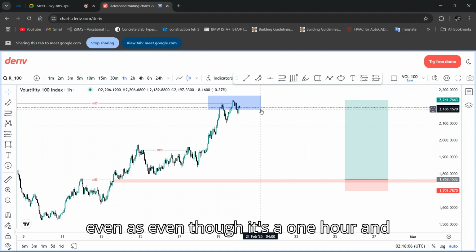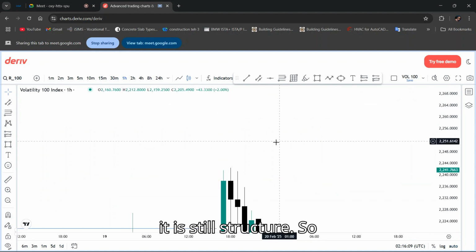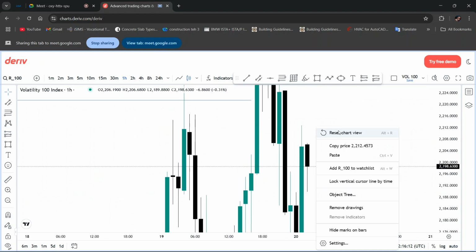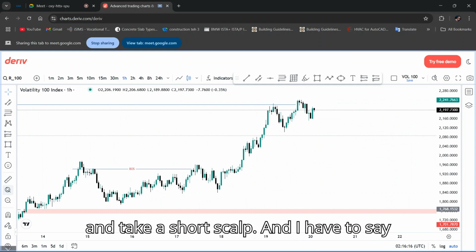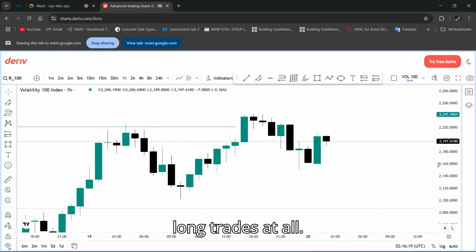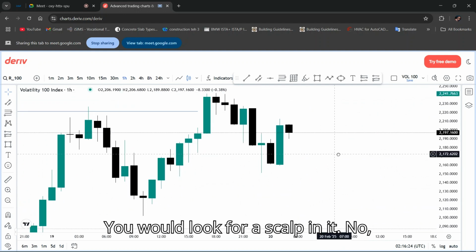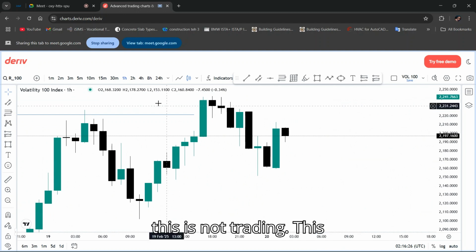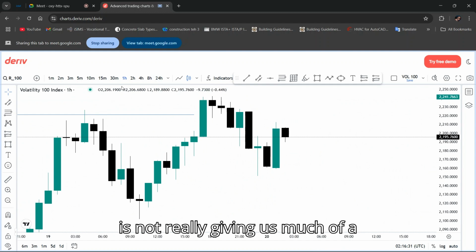So even though it's a 1 hour, it is still structure. So essentially, you could look for something and take a short scalp, and I have to say scalp because it wouldn't be any kind of long trades at all. You would look for a scalp in it. This is not really giving us much of a structure to look at.